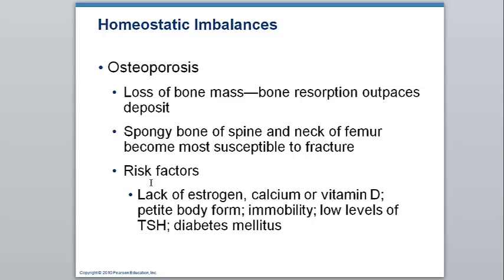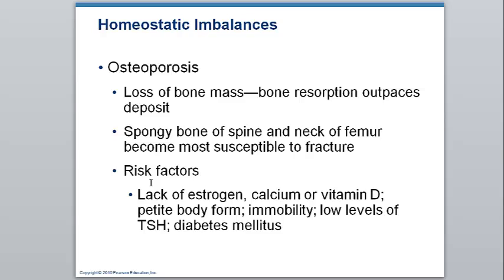Osteoporosis is when the bone mass is lost, not the calcium deposit. The entire bone mass is lost. So the inorganic to organic ratio has been kept, but the bone mass is being lost. This is due to lack of estrogen, so postmenopausal women, calcium or vitamin D deficiency, immobility when you have casts for too long, or immobility like stroke, or other disease.